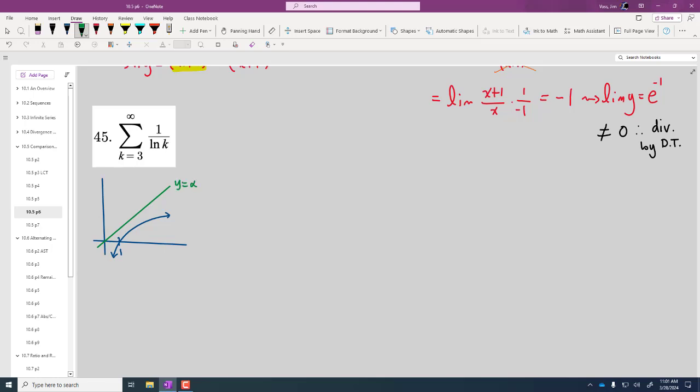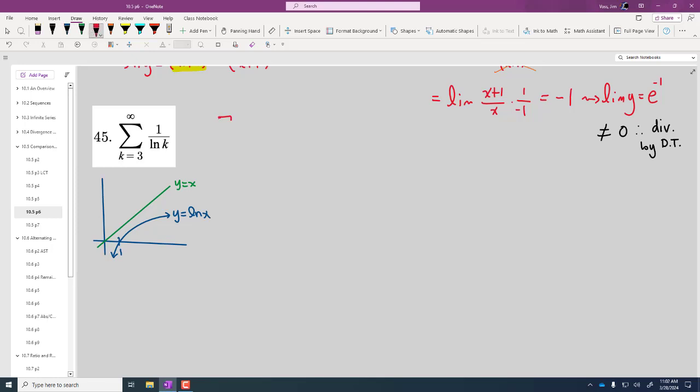So there's y equals x, and here's y equals natural log of x. How about if we just try a comparison test with 1 over x? Seems like a reasonable thing to try.